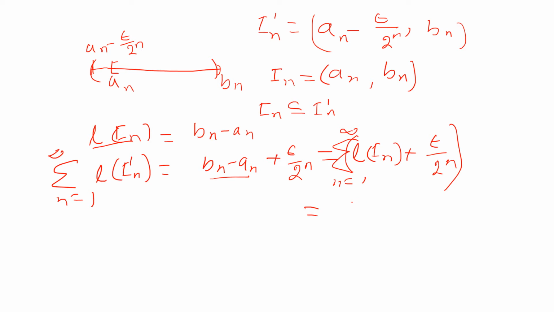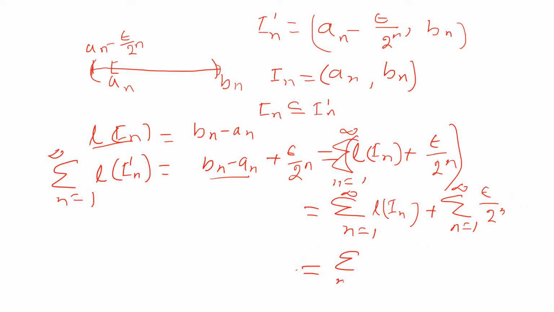This one is the summation of l(I_n), and this one, the summation of epsilon by 2 to the power n from 1 to infinity, is a geometric series, and this is equal to epsilon. So these facts are there for the intervals I_n and I_n prime.